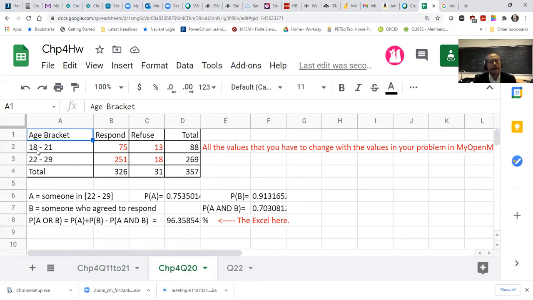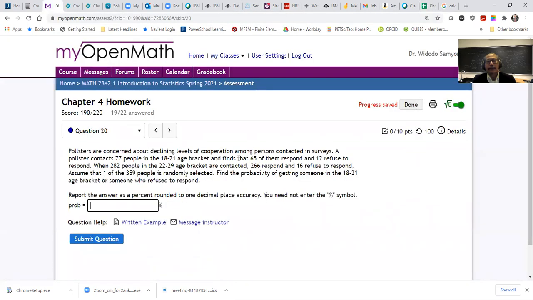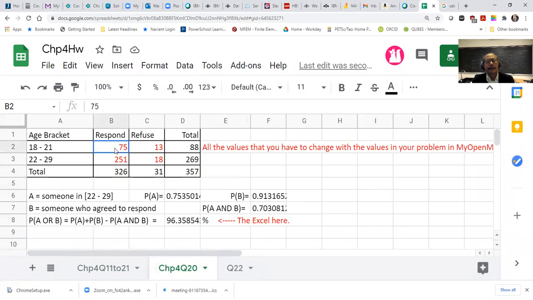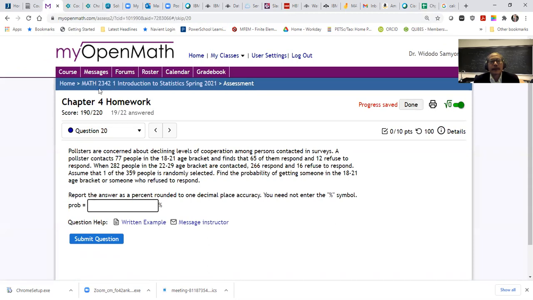What are the numbers of people that responded and refused in this age bracket? 65 and 12, right? So this one here is 65 and this is 12. And the one in the 22 to 29 bracket is 266 and 16.